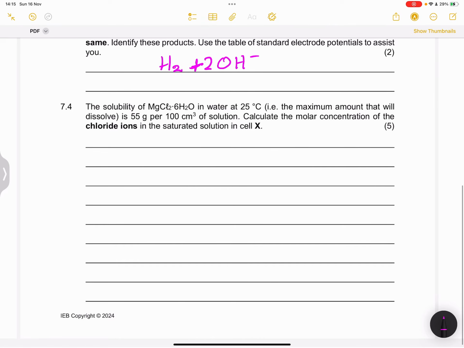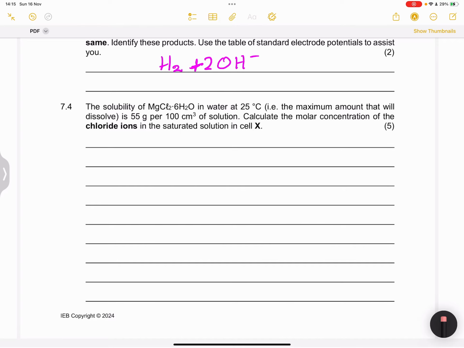Now they say to us the solubility of magnesium chloride hydrate in water at 25 degrees, that is the maximum amount that will dissolve, is 55 grams per 100 cubic centimeters.